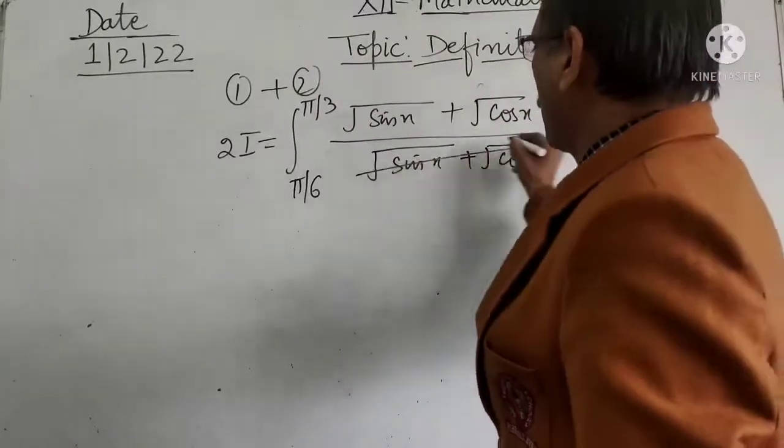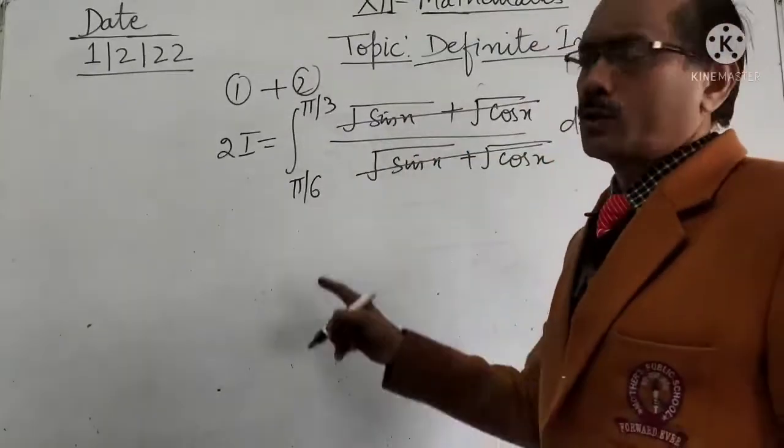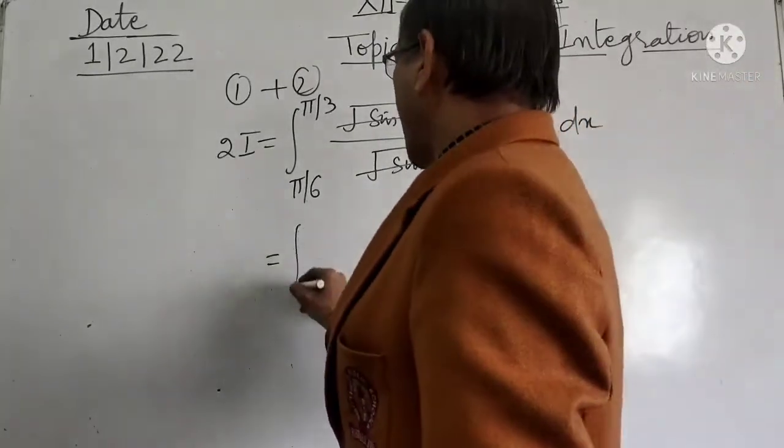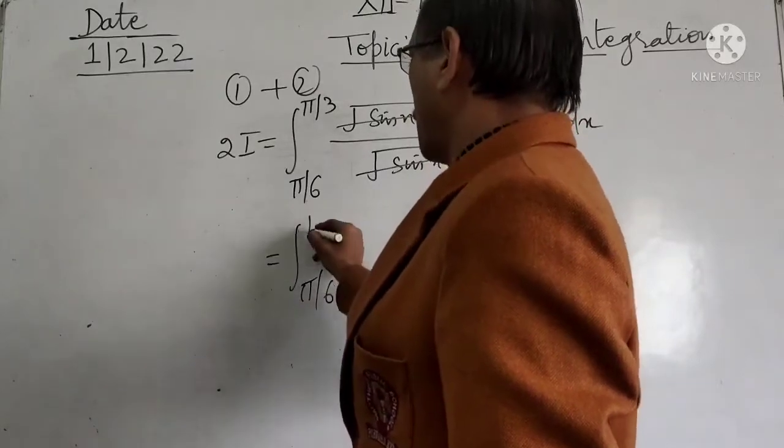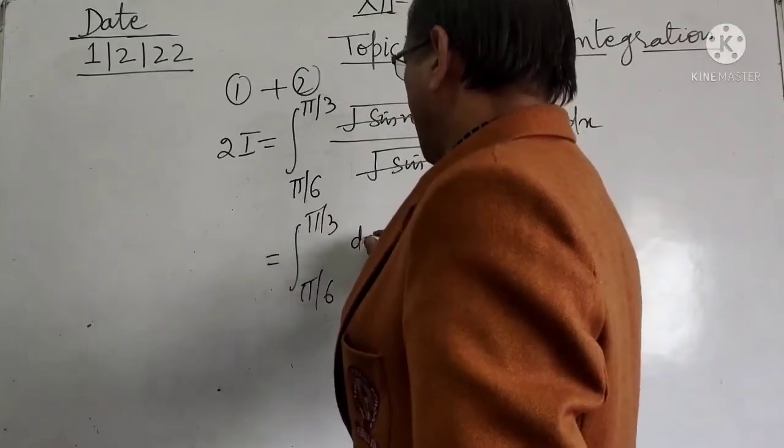Dear student, here numerator and denominator are equal, so they cancel out. It is pi by 6 to pi by 3 dx.